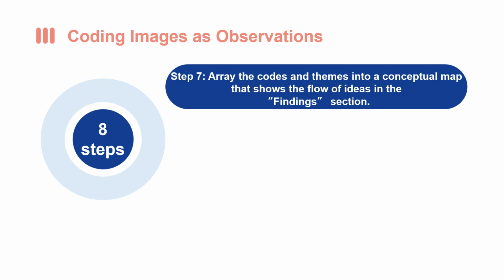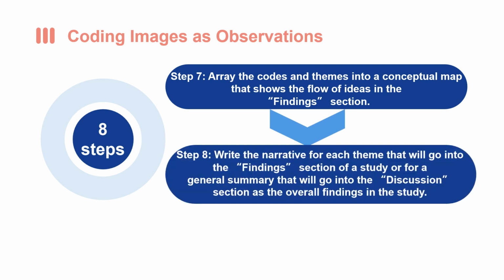Array the codes and themes into the conceptual map that shows the flow of ideas in the finding section. The last step, Step 8. Write a narrative for each theme that will go into the finding section of a study, or for a general summary that will go into the discussion section as the overall findings in the study.